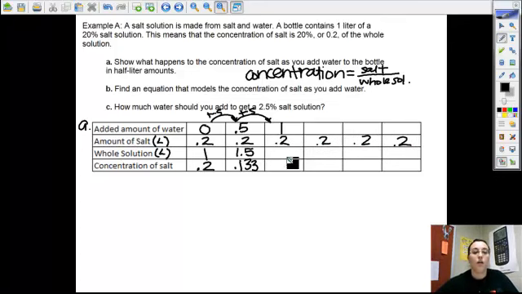And so now our whole solution, we started with 1 liter, and we put in 0.2 of salt, and now that we've added 1 liter of water, we're at 2 total liters. And once again, I'm going to take 0.2 and divide it by 2. I'm going to take the salt divided by the whole, and that will give me 0.1.